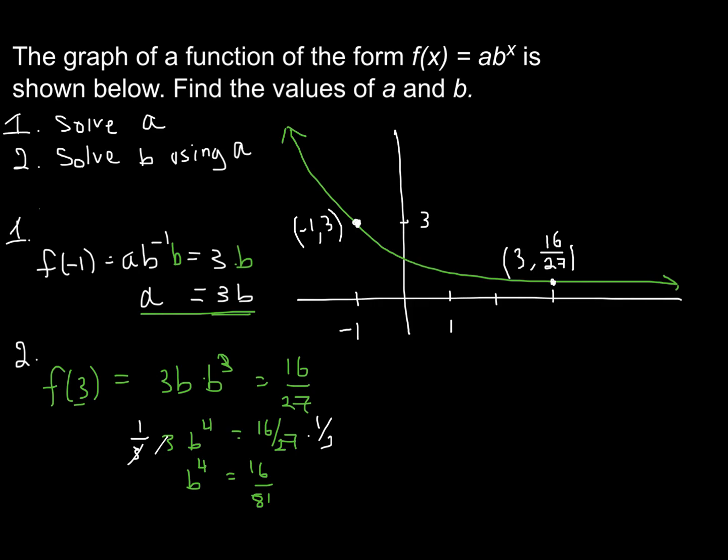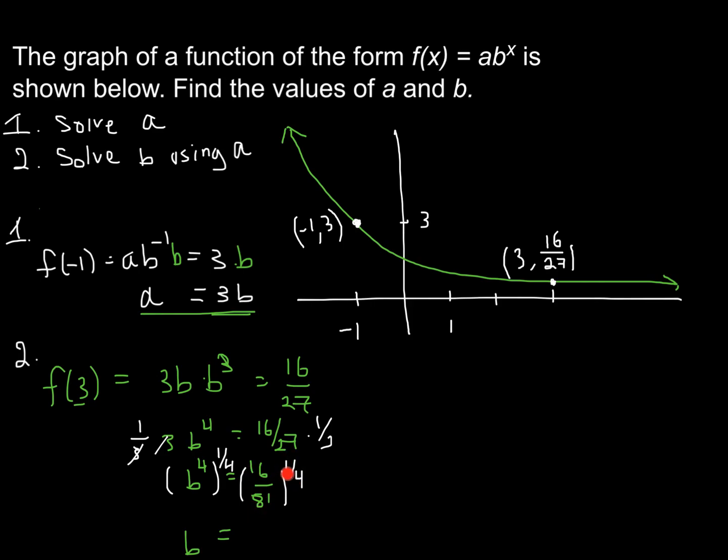So the way that I'm going to do that is I'm going to raise both sides to the 1/4 power. So on the left side now I have b to the 1st power because 4 times 1/4 is 1. And remember that when I have an exponent on a fraction, I can apply the exponent to both the numerator and denominator.